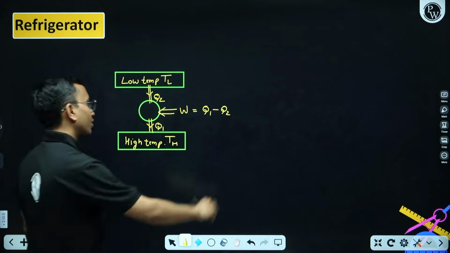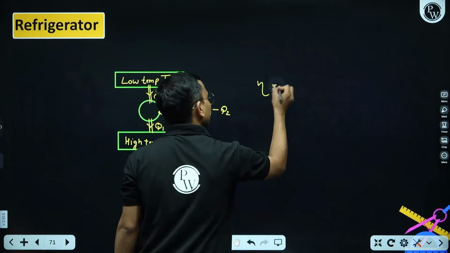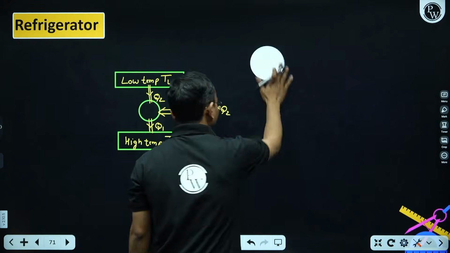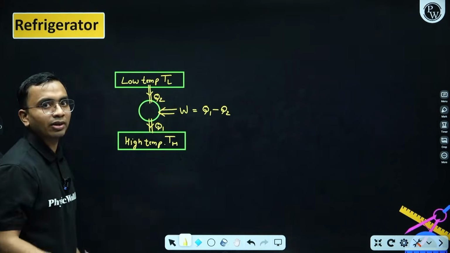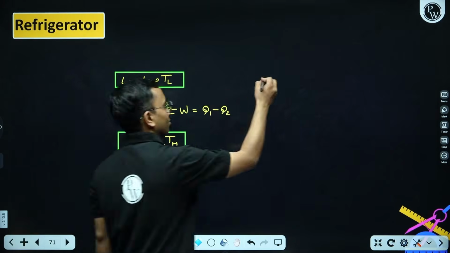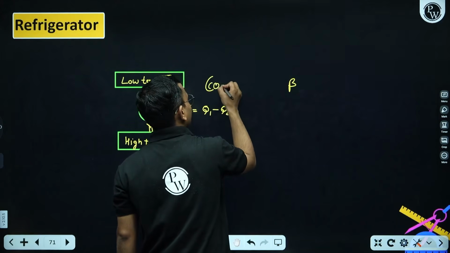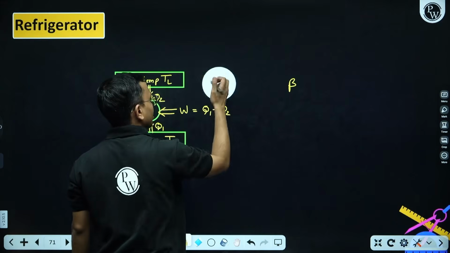Now if you write the efficiency, wait a minute, here we don't define efficiency, here we define coefficient of performance, that is my beta.